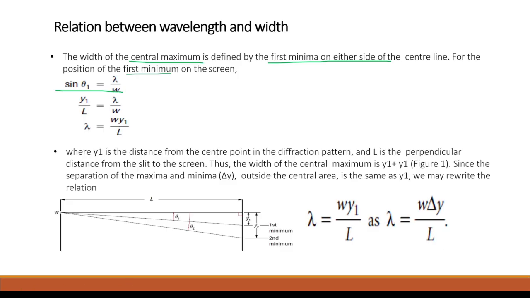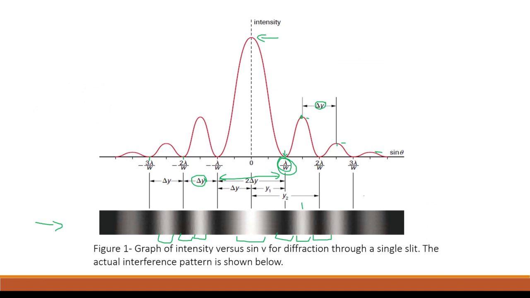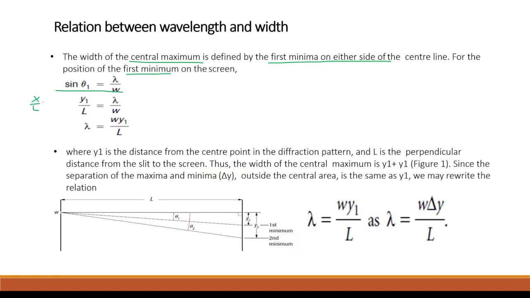We've said that this is equal to, in the past, x over L. The distance we used was x. But in this case, the distance is the same as y1 here. And so instead of x over L, we can say y1 over L is equal to this. And then we want to rearrange for lambda. Lambda is equal to w y1 over L.